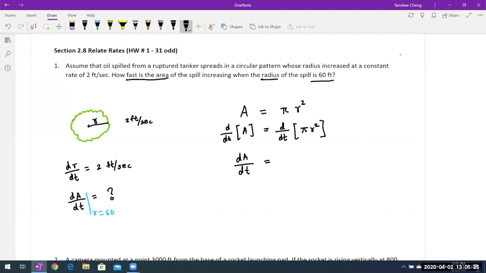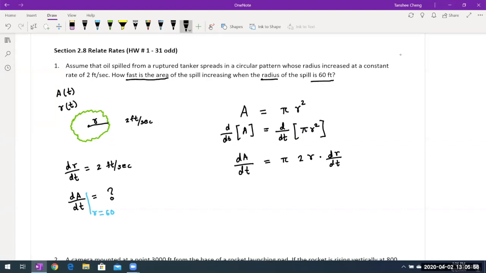This will give me the derivative with respect to time of the area, which is equal to, since pi is a constant, I can take it out, and then taking the derivative of r squared gives me 2r. And remember, r is a function of time, so we need to use the chain rule, which is times dr dt. Remember that in this case, area is a function of time and the radius is also a function of time.